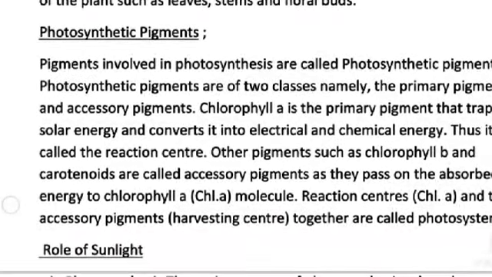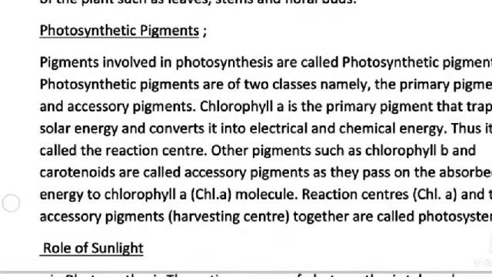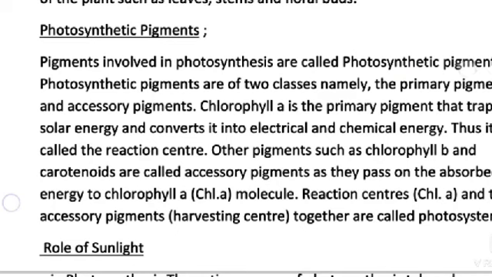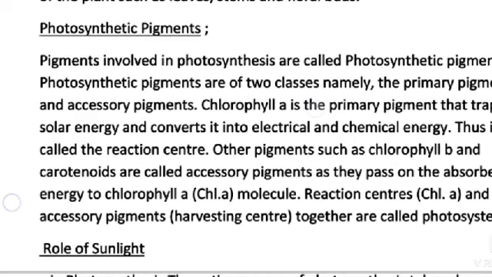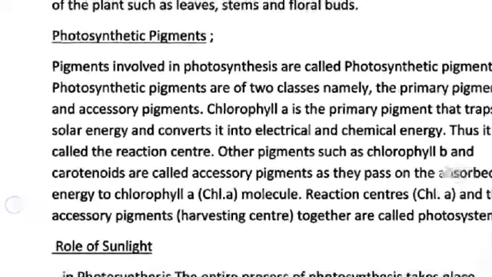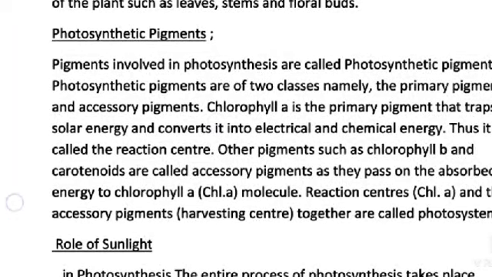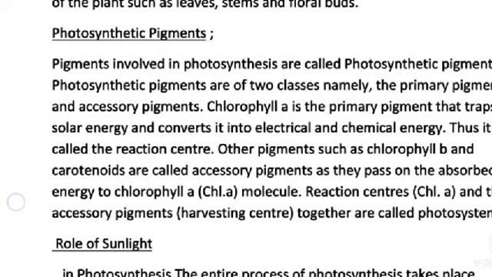Photosynthetic pigments. Pigments involved in photosynthesis are called photosynthetic pigments. They are of two classes, namely primary pigments and accessory pigments. Chlorophyll a is the primary pigment that traps solar energy and converts it into electrical and chemical energy.